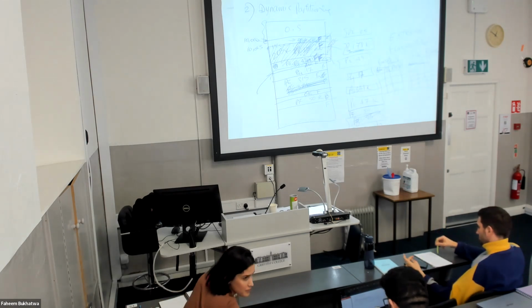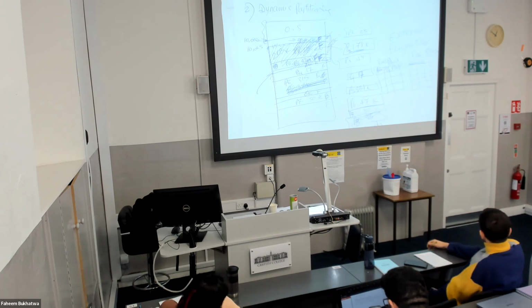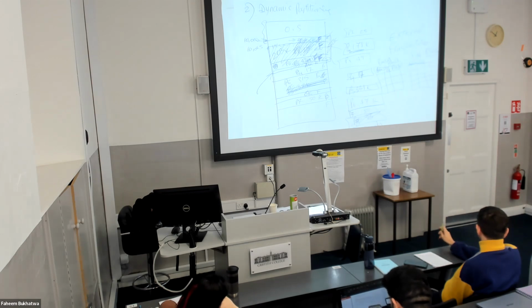It suffers from external fragmentation. Is that what you're saying? Okay. And what's the disadvantage of the fixed partitioning system, the first system we talked about? It suffers from internal fragmentation.